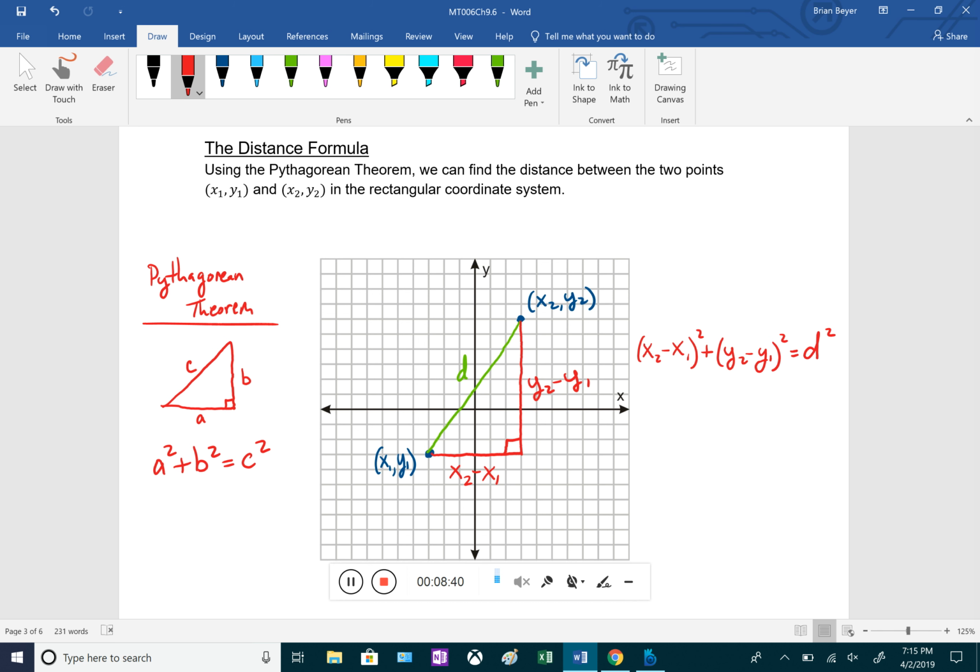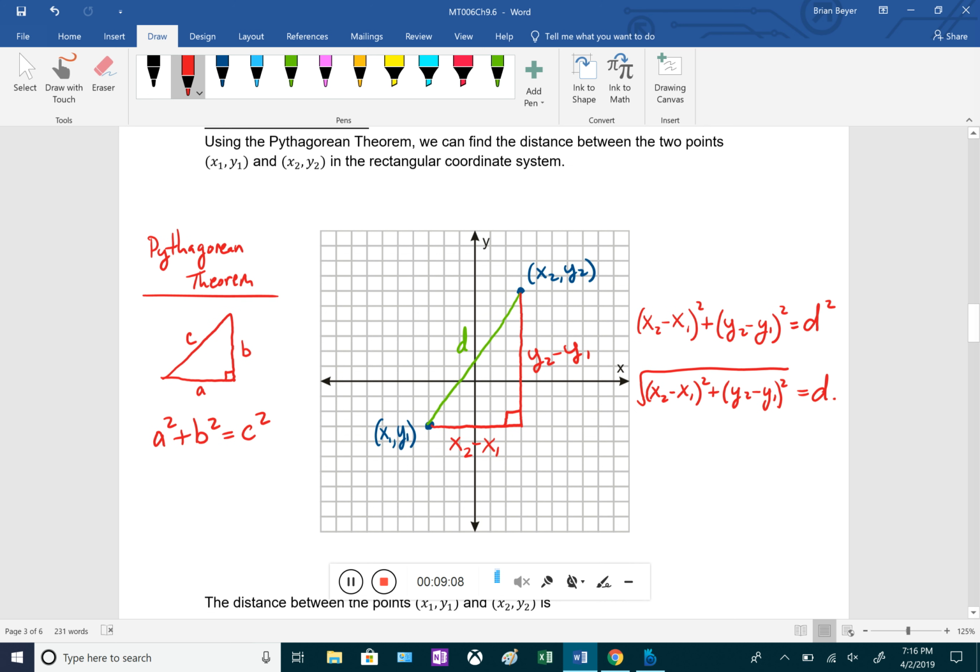So if we use that definition of what a square root represents, we could take the square root of both sides here. We end up getting the square root of x2 minus x1 squared plus y2 minus y1 squared equals d. So that's just converting between that squared format to the square root format.